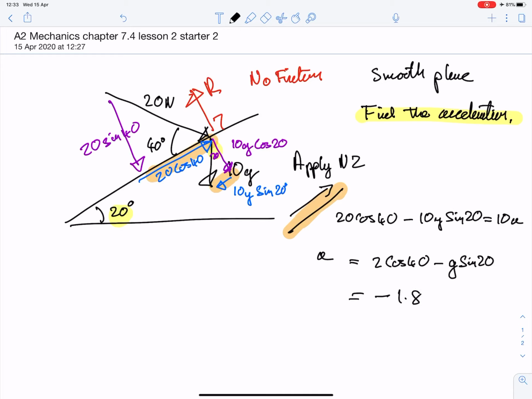So A is negative 1.8 meters per second squared.